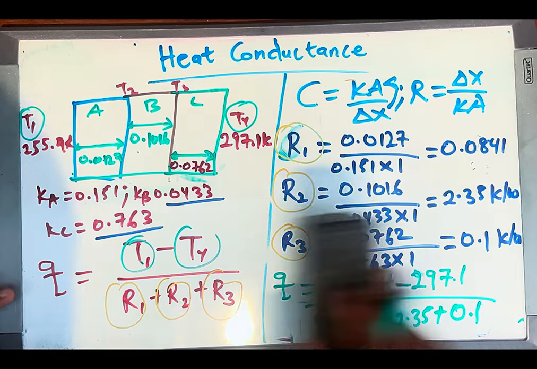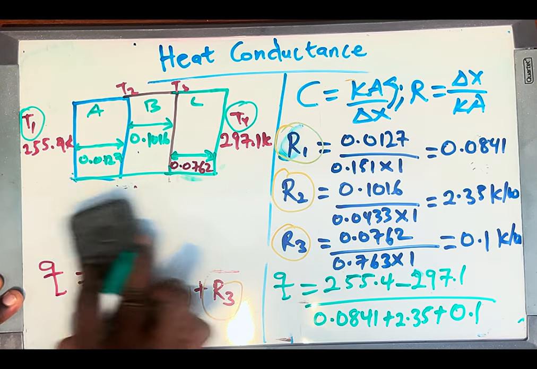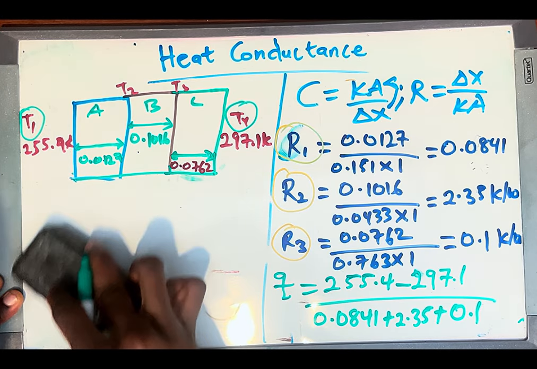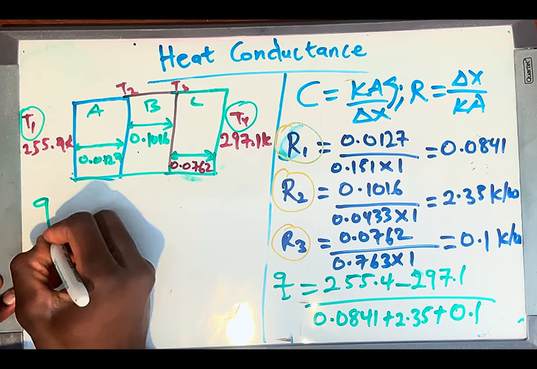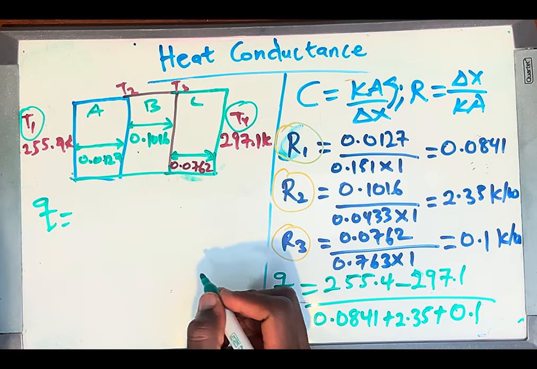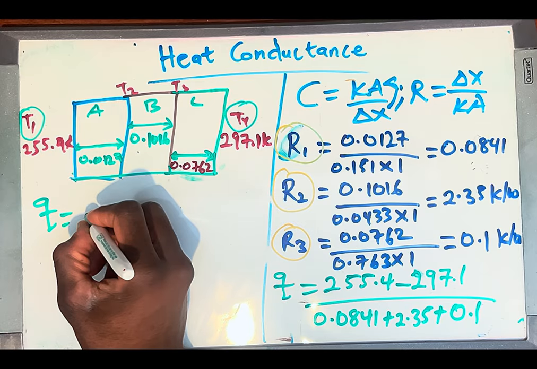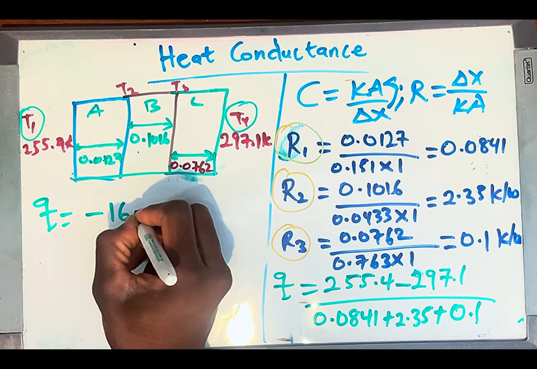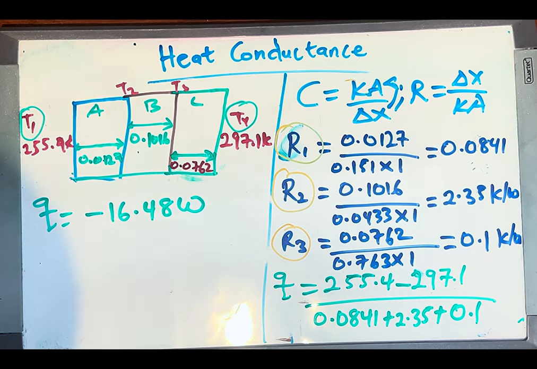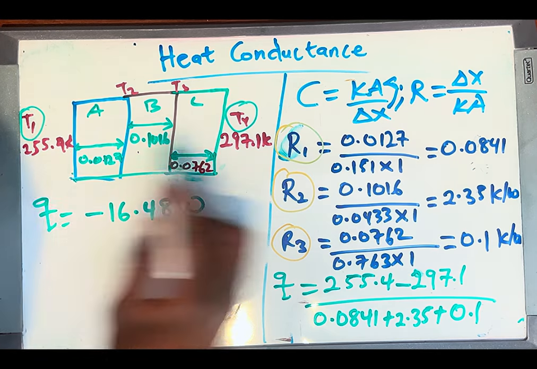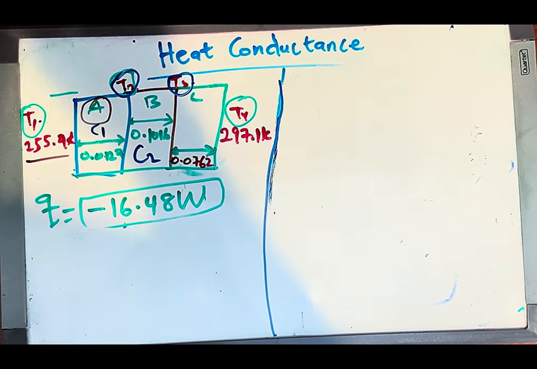Now let's compute everything. When you compute everything, you get the heat loss Q to be equal to negative 16.48 watts. The negative sign just shows that we are losing heat, because at the end of the day, heat is being lost, right?